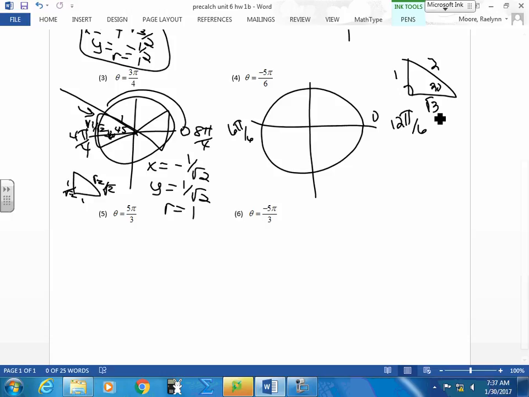It's a negative rotation, so it's coming clockwise. Third. I'm coming this way. I'm going to stop short of 6. There's my 5 pi. It looks like the same count, just go the opposite direction. How many times does this go in? 30. So now I know this is 1/2, this is radical 3 over 2, this is 1. The x and the y are both negative.